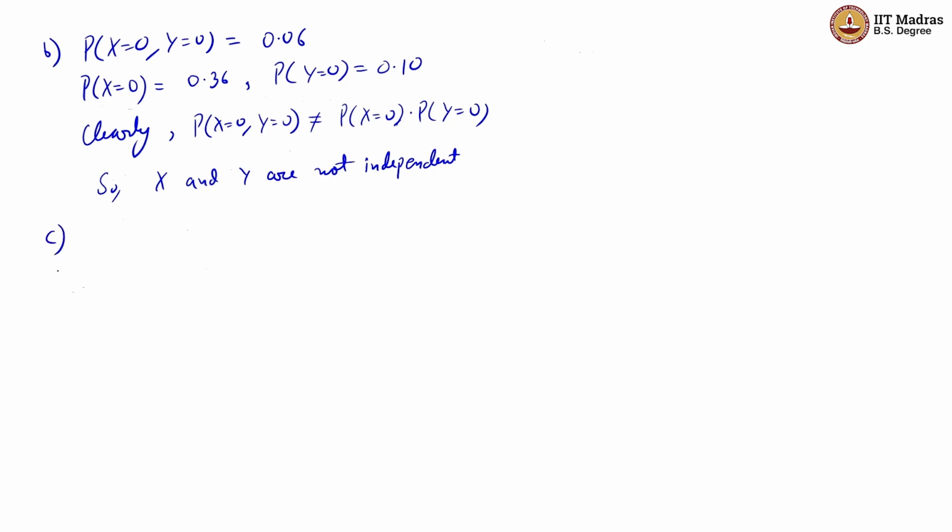Let us check option C, and in that let us check the joint probability that x is equal to 1 and y is equal to 0. So let us check whether this is equal to product of marginal or not. So from the table, this joint probability is equal to 1 by 6, and the marginal x is equal to 1 is equal to 3 by 8, and the marginal y is equal to 0 is equal to 1 by 2.